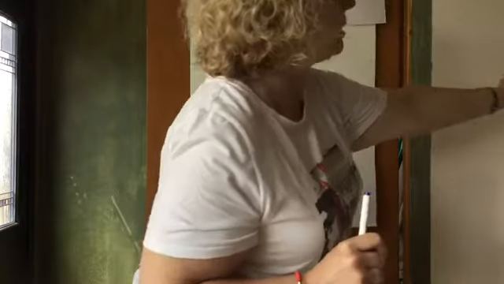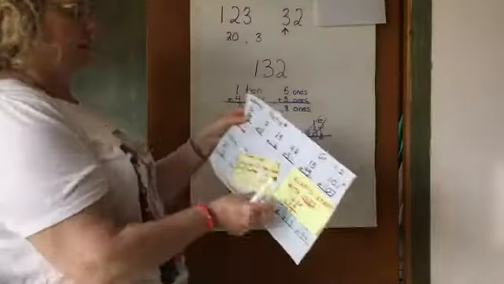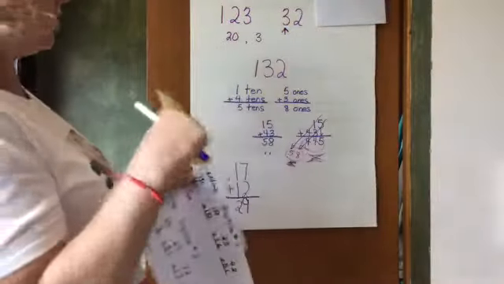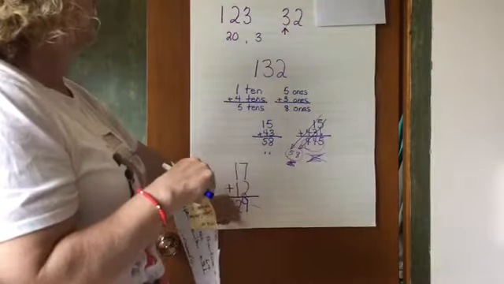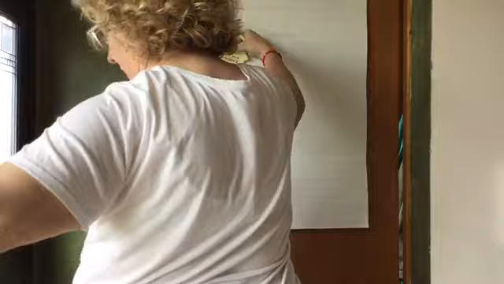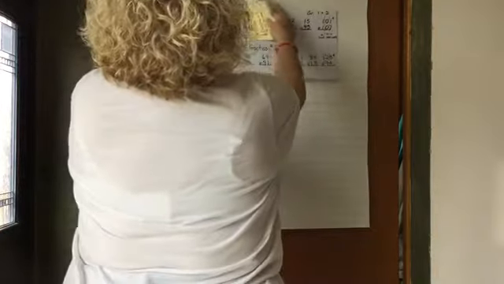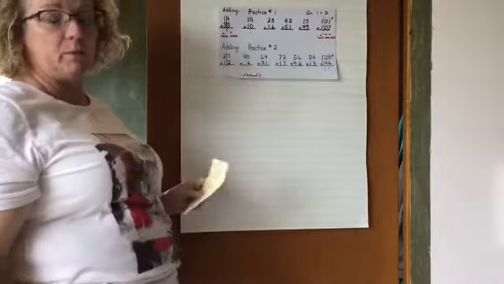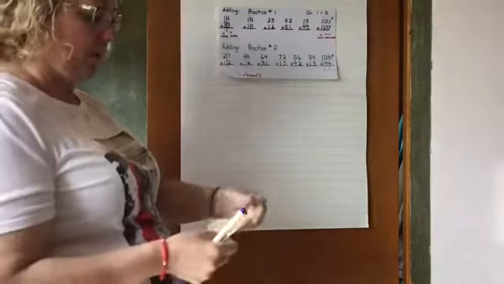So here is what your practice sheet for this week will look like. I've put all your practice on one page. Woo, and it all comes down. That's okay. All right, so you're going to see a picture of this for your homework this week, grade 1s and 2s.